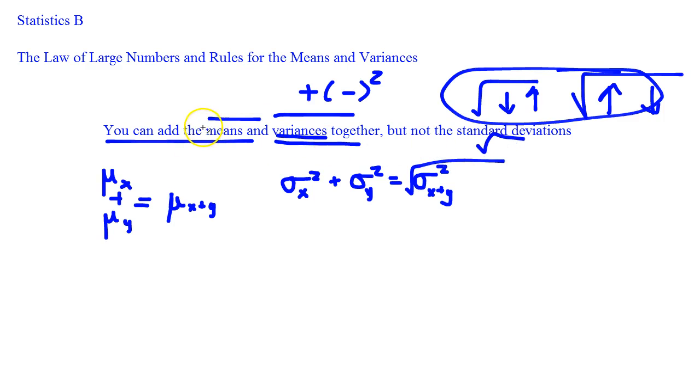Okay, but because means and variances are summations of either just numbers or the differences between a number and a mean, whatever it is, for some reason that just works better, that you can actually add those together. Okay, as long as you remember these rules, it should be pretty standard for how it works for finding it.